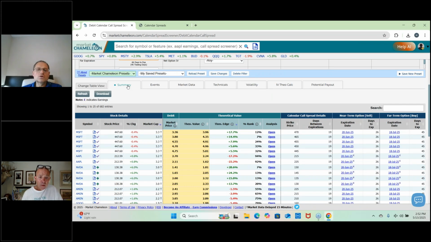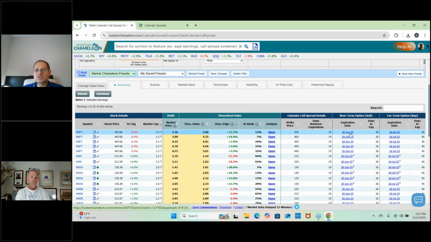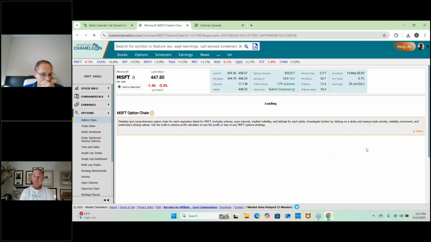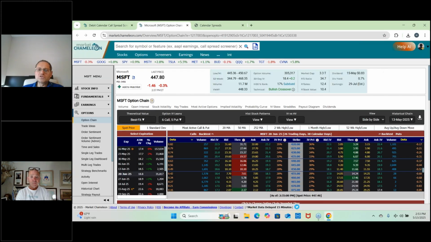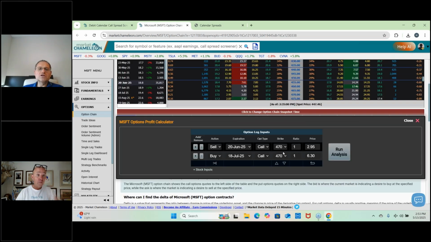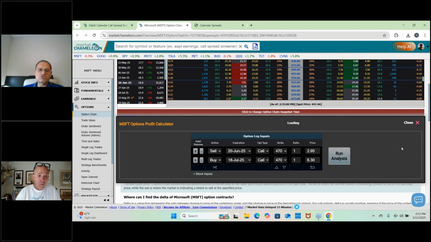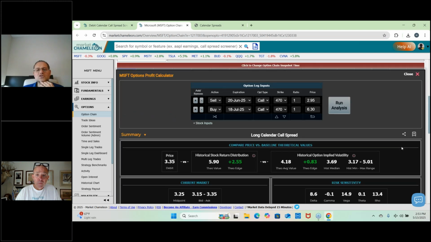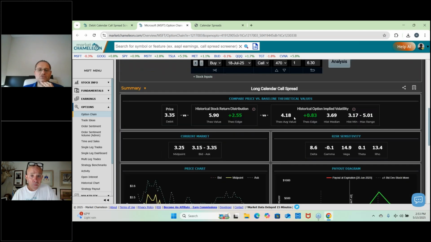Once you've narrowed it down to what you like, go to the options chain and click on it. It'll set up this strategy, the same legs that we just analyzed. If you run your analysis, we have this theoretical value again with the range.